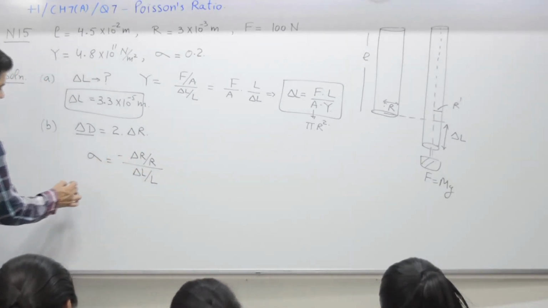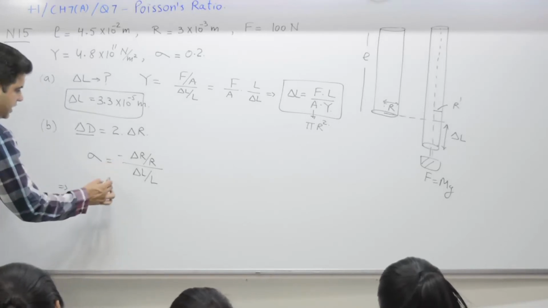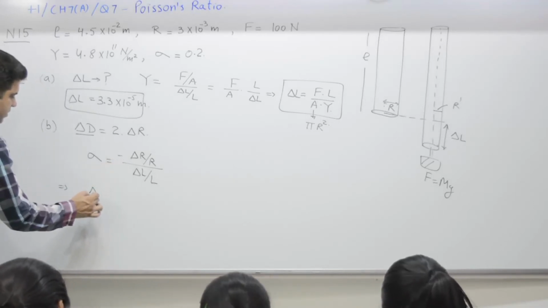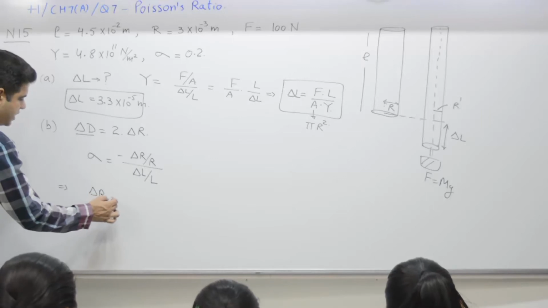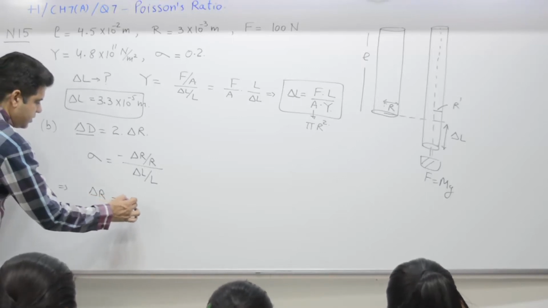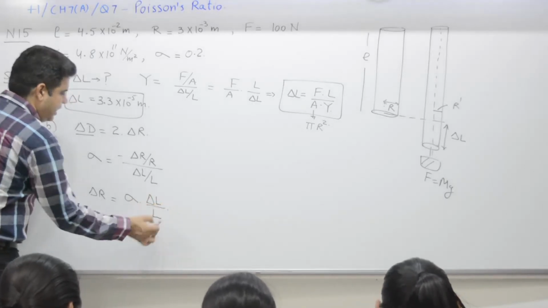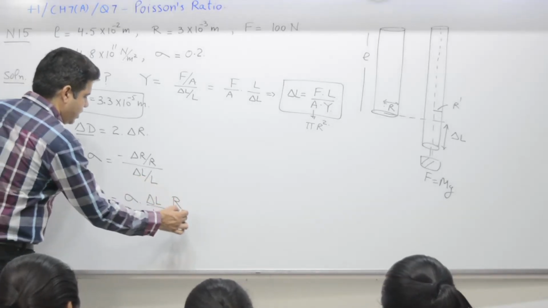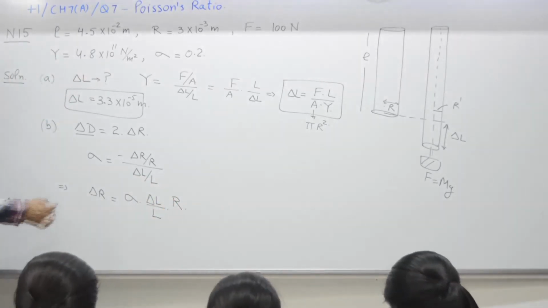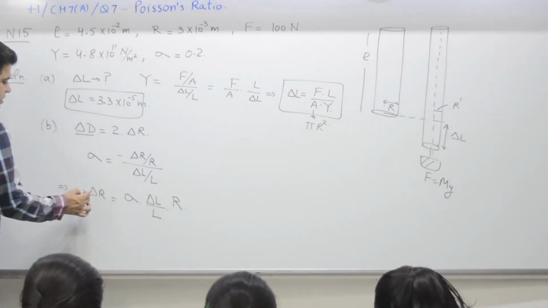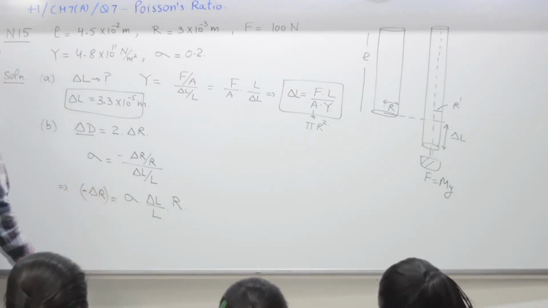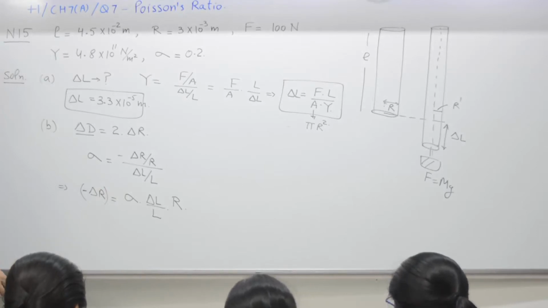Means delta R by R is equal to what? Or delta R is equal to Poisson's ratio times delta L by L into R, correct? Sign, you can keep this as minus delta R, not a big deal, because we are interested in magnitude only.